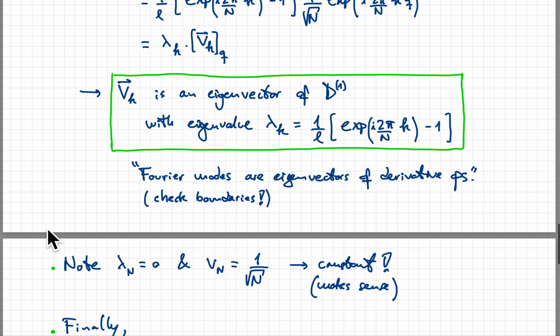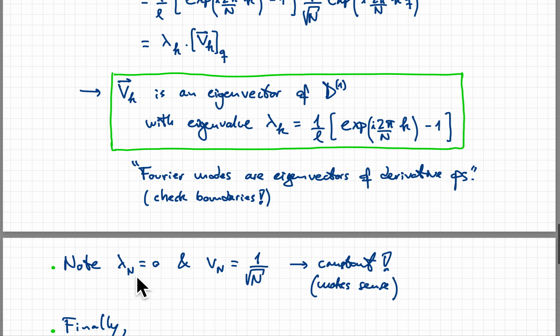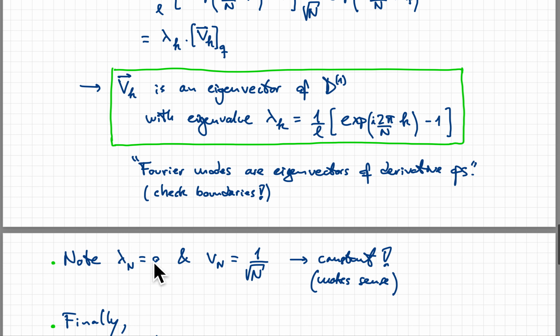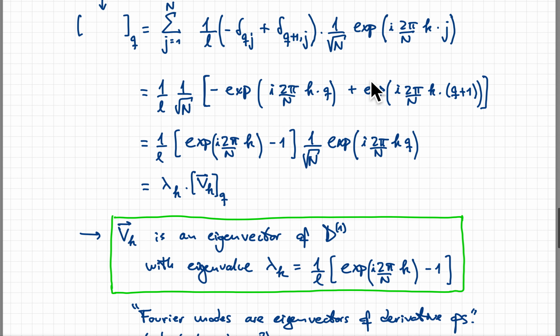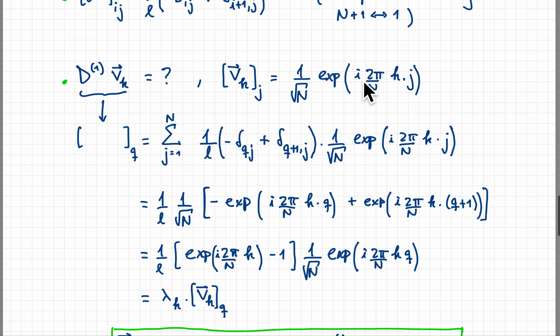Now, notice something interesting. If I put k to n here, I get e to the i 2 pi. The n cancels with this n, and e to the i 2 pi minus 1 is 0. So that lambda n is then 0. And if you put n in our formula for v sub k, you obtain a constant vector, which is 1 over square root of n.